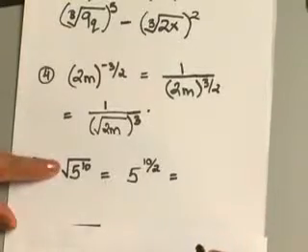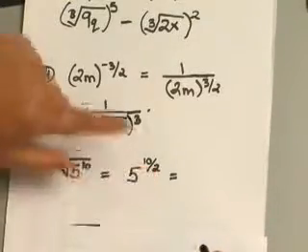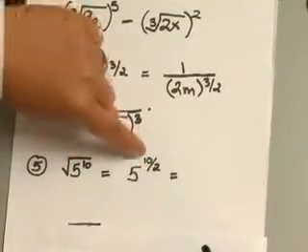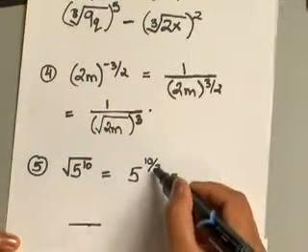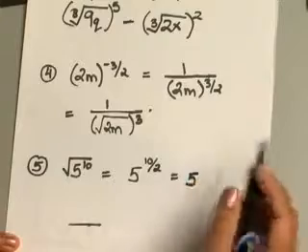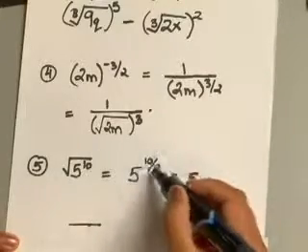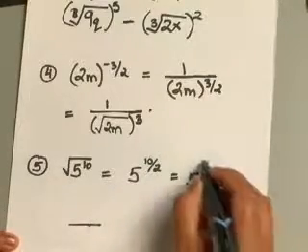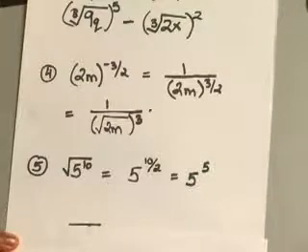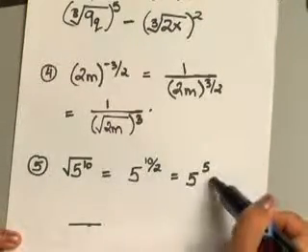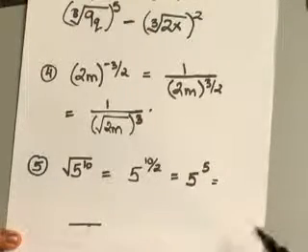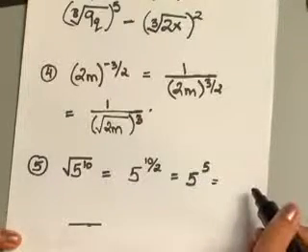So again, index of the radical will become the denominator, and the power will become the numerator. Now, since you have 10 over 2, you can reduce that down, and 10 over 2 will basically be 5, right? Go ahead and evaluate and see what you end up with, 5 to the fifth power.